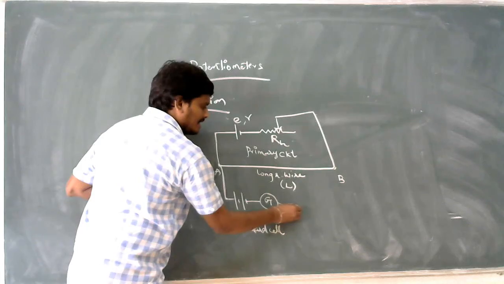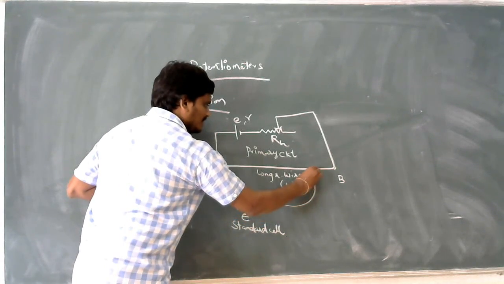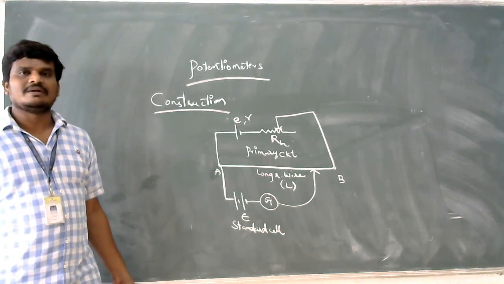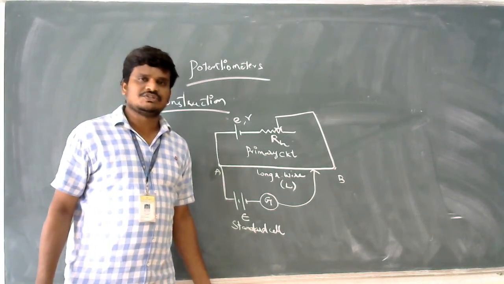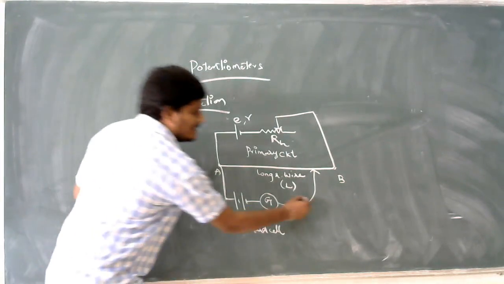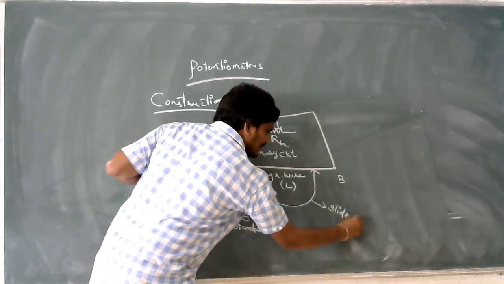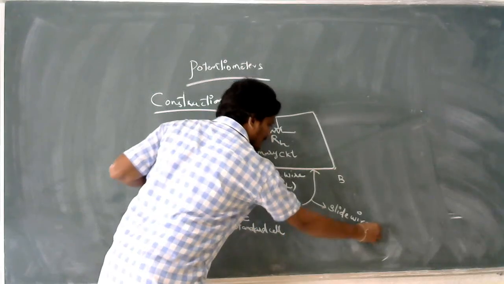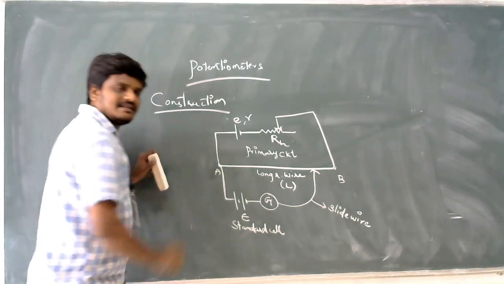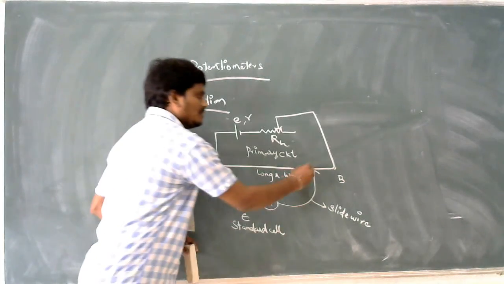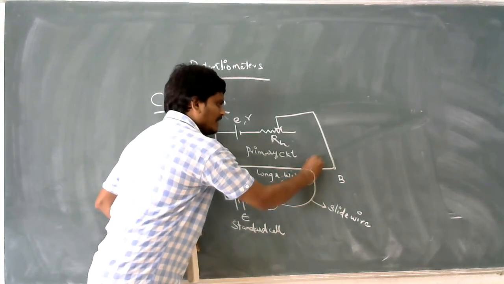The end of the galvanometer is connected to the resistive wire, called the slide wire, at some point J.